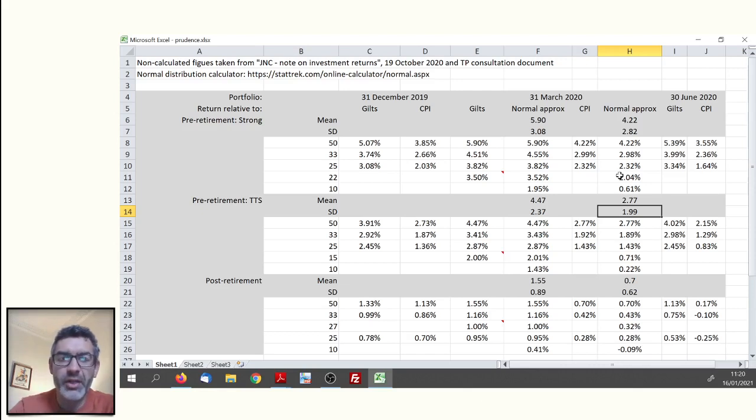So if I do manage to record another video, I've got quite a nice toy example, making simplifying assumptions, to show how this effect, I think, comes about.